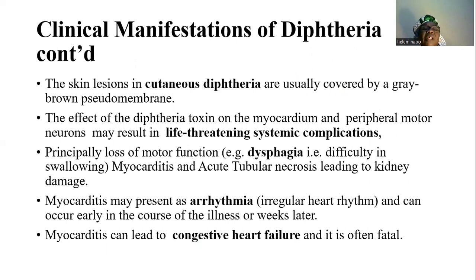In the case of cutaneous diphtheria, the skin lesions are usually covered by the gray-brown pseudo membrane. The effect of the diphtheria toxin on the myocardium and peripheral motor neurons may result in life-threatening systemic complications.